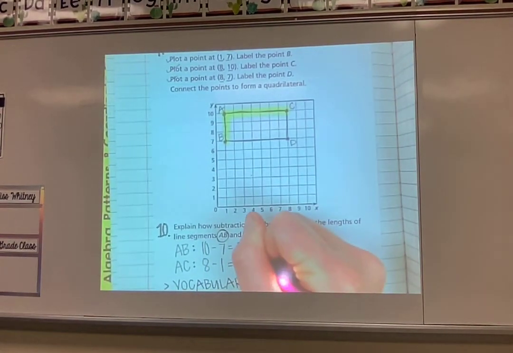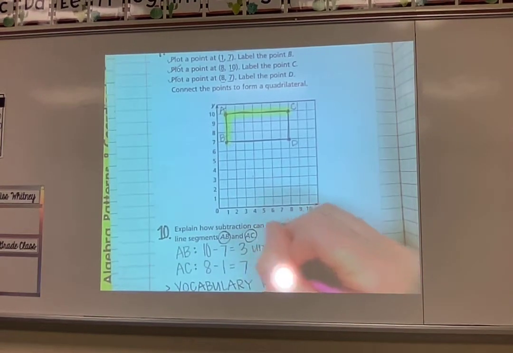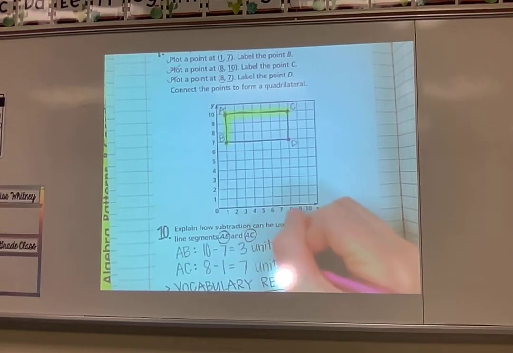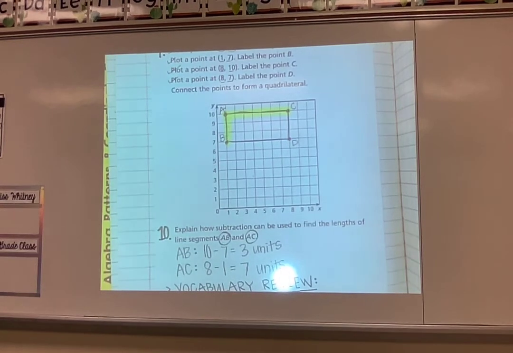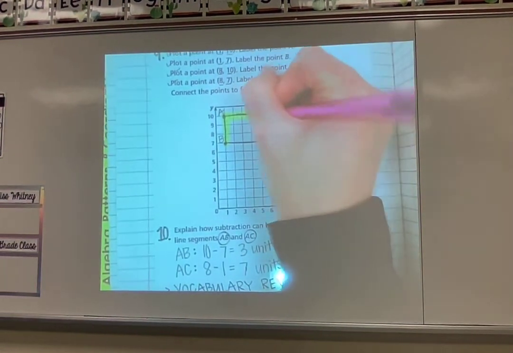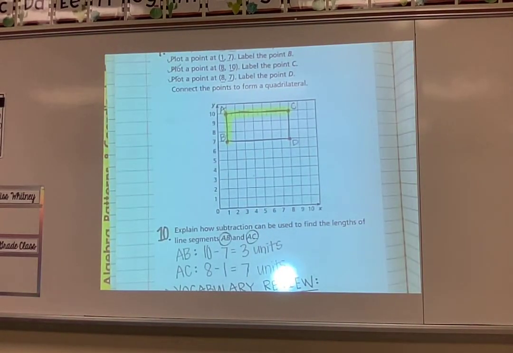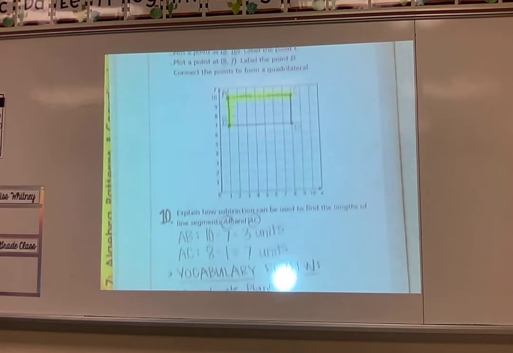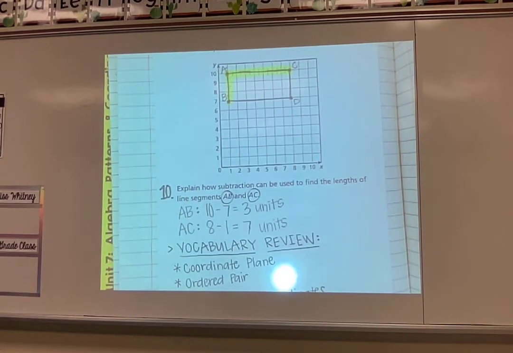And then remember, I need a label, but we don't know inches, feet, all of that, so we just use units. Line AC is 7 units long. If I wanted to double check, I could count the boxes between those points, remember? 1, 2, 3, 4, 5, 6, 7. It is indeed 7 units long. They just want us to show it using subtraction because that's how we prove how long that line is.